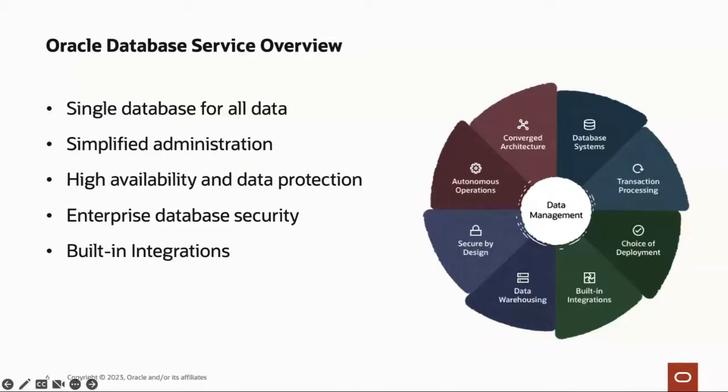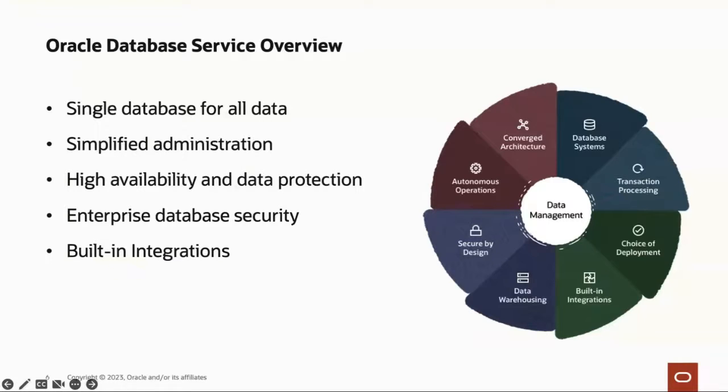For the databases, there is actually no restriction based on what region you're in. So basically, you can spin these up in all the regions around the world that OCI offers. Something else is that you have Enterprise Manager tuning and diagnostic packs included with Oracle Database Service.